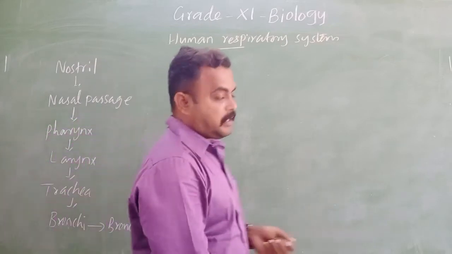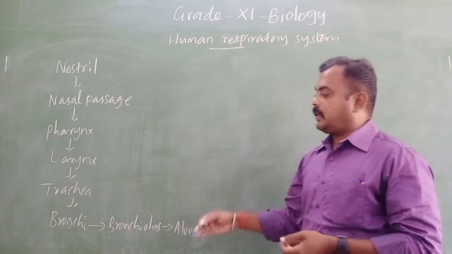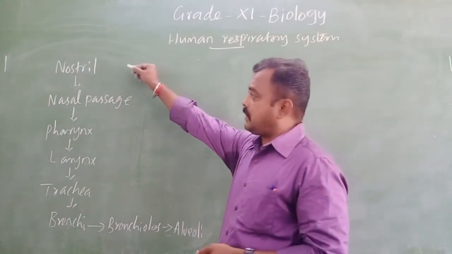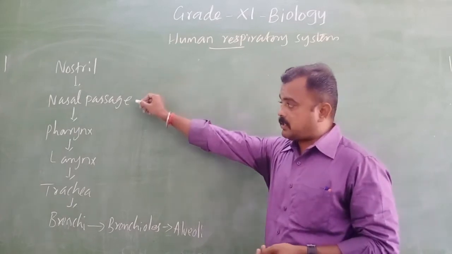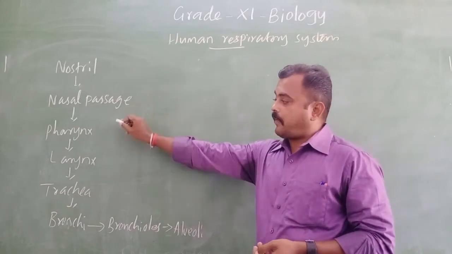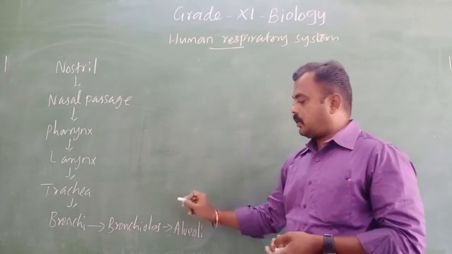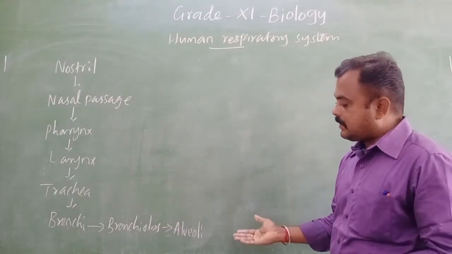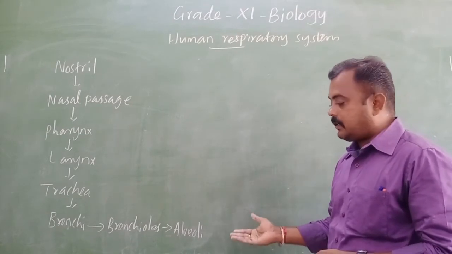This is the pathway of air. It enters the nostril, then nasal passage, pharynx, larynx, trachea, bronchi, bronchioles, then alveoli. Then it is taken by the blood.